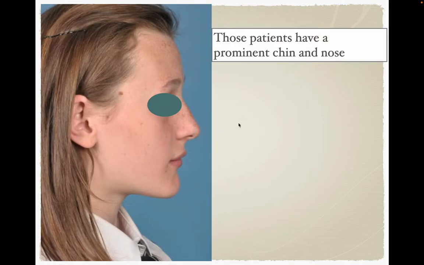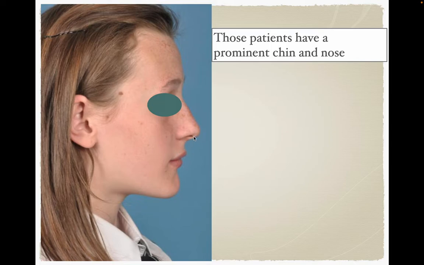As we mentioned before, with the anterior growth rotation, usually those patients have a prominent chin. And this is very important because we have a patient with a prominent chin, sometimes a prominent nose, and a strap-like lower lip pushing all the incisors posteriorly. So if this patient is treated with extraction, there is a risk that we will dish in the profile even more.